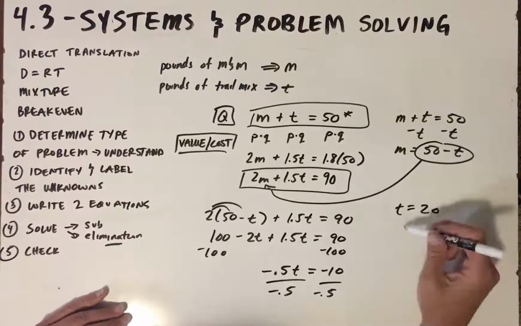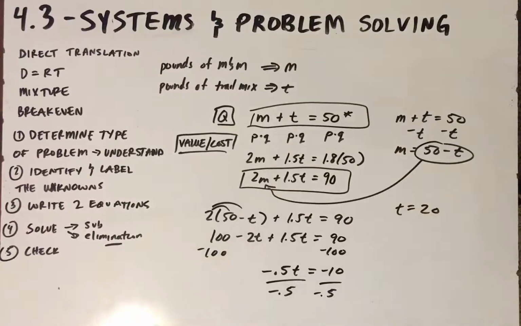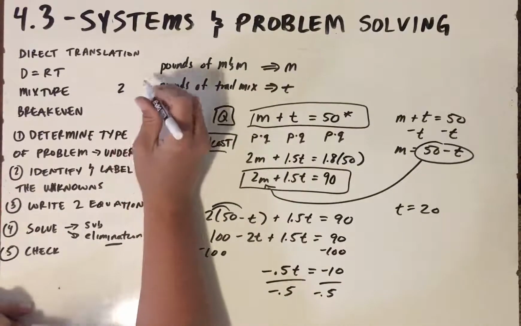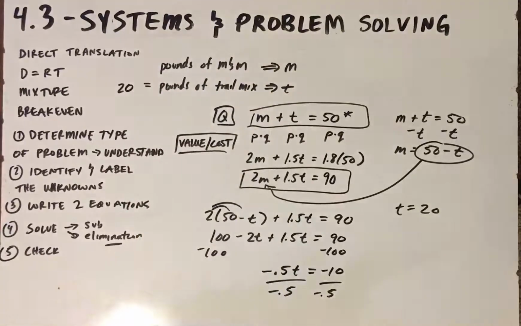Again, what does this represent? By the time you get to this point, often you forget. So it's a good thing I labeled it here, and I labeled it correctly this time, that t represents the pounds of trail mix. Sweet. So I'm putting in 20 pounds of trail mix. Well, then how many pounds of M&Ms am I putting in?